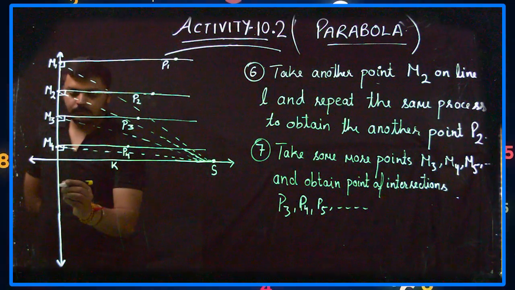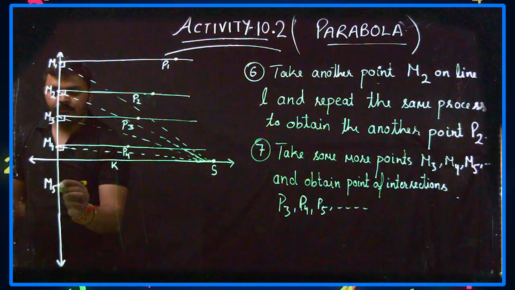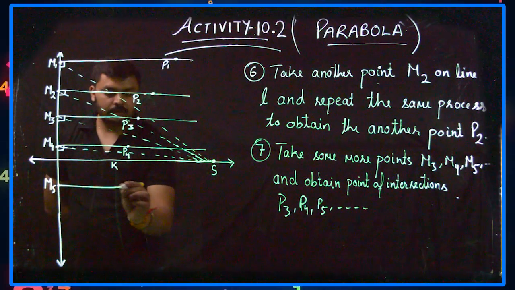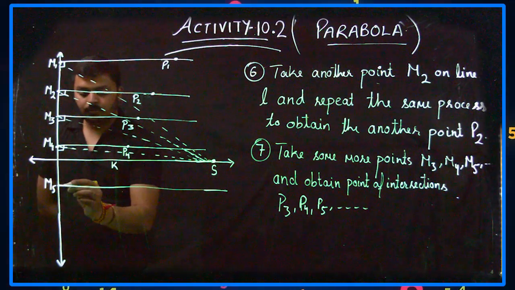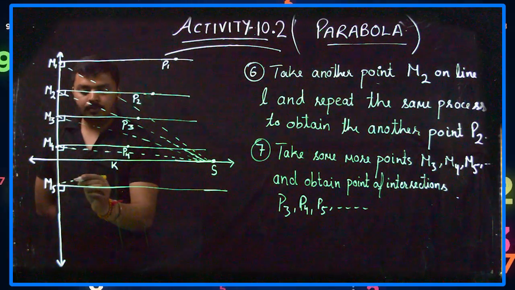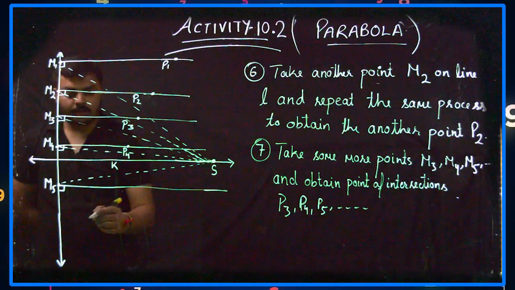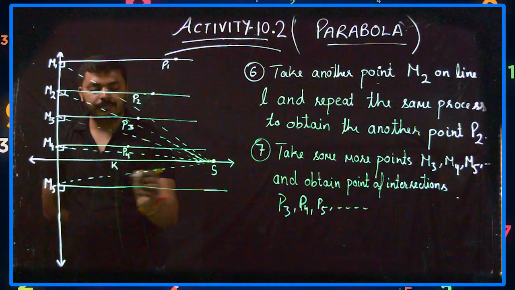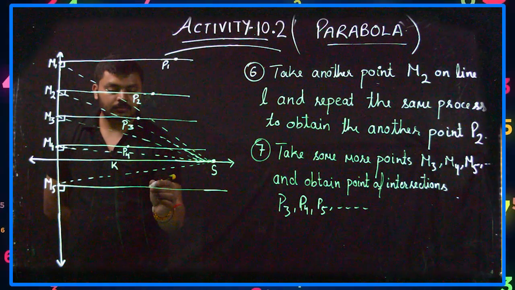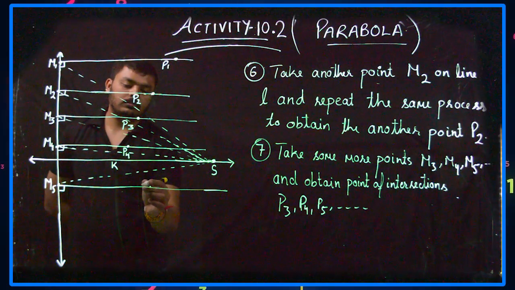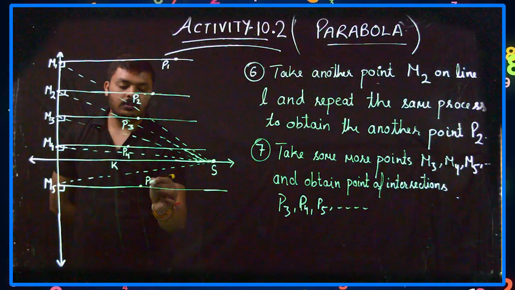Now similarly, take a point M5, draw a perpendicular to L, join M5S, and take the perpendicular bisector of M5S which cuts at point P5.